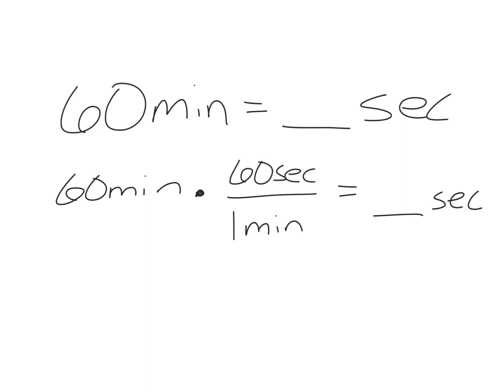What happens to the labels? The minutes cancel each other out, and then we multiply straight across. 60 times 60 is 3,600. So 60 minutes equals 3,600 seconds.